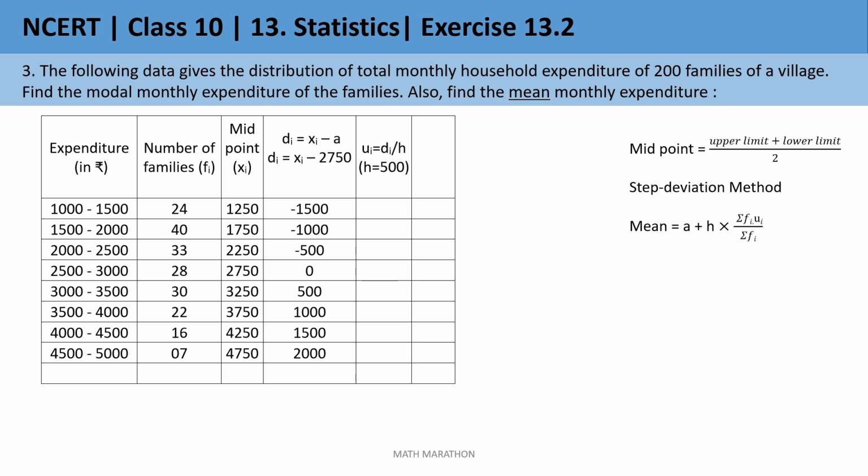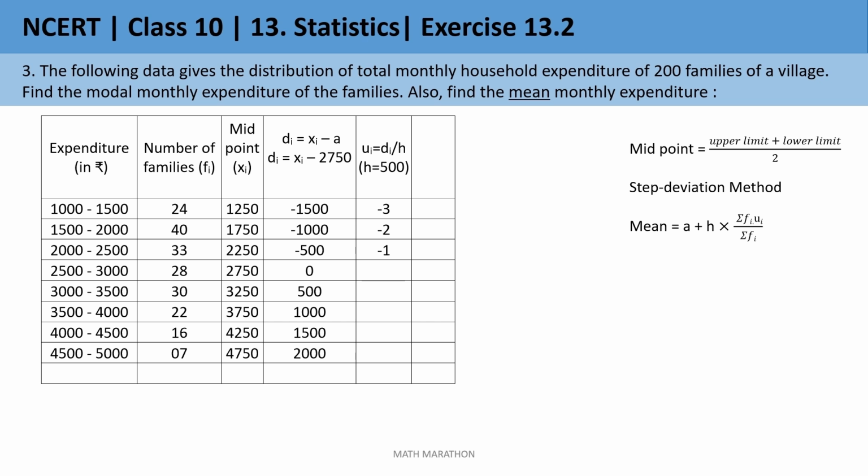ui is equal to di divided by h. h is class interval. h is 500. Minus 1500 divided by 500 is minus 3. Minus 1000 divided by 500 is minus 2.